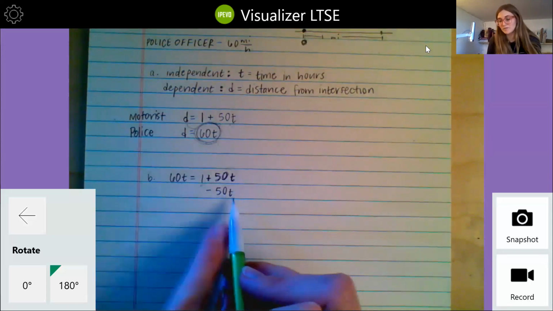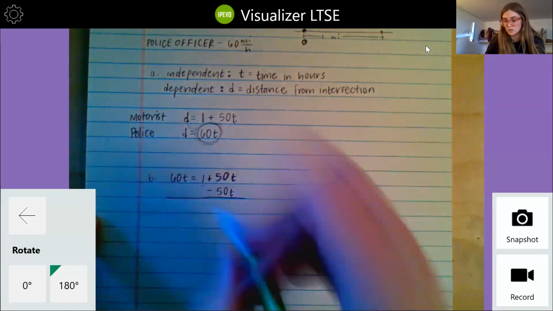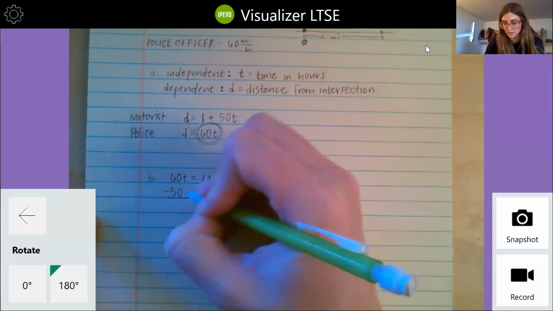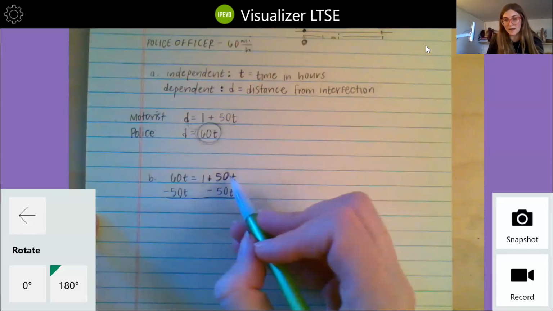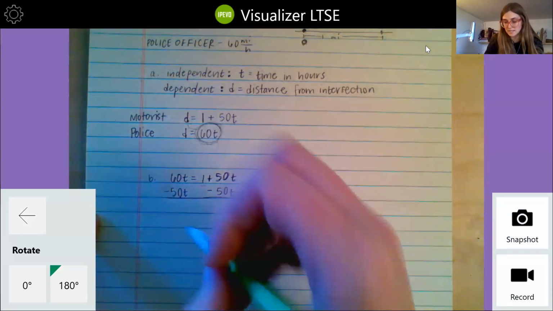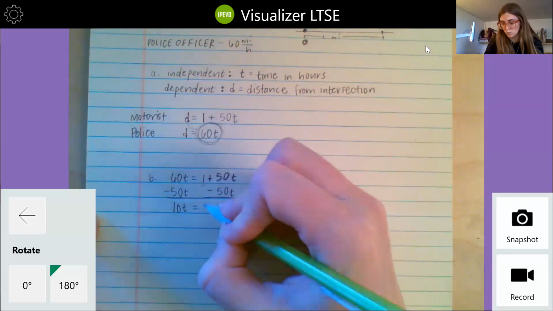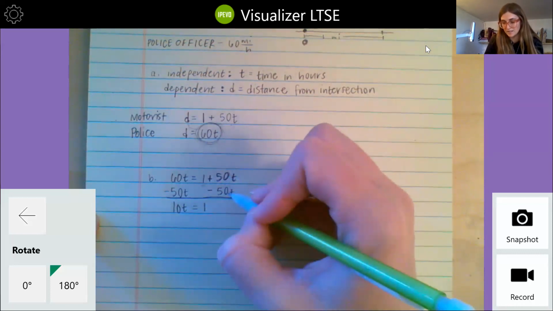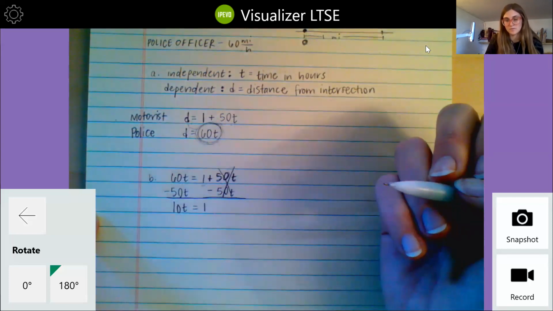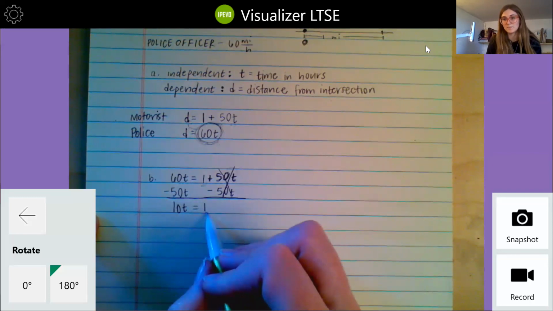If I subtract 50t from this side of the equation, I also need to subtract it from the other side. I combine these two lines together: 60t minus 50t gives me 10t, and that equals 1. And then the 50t minus 50t cancels out. Now I'm left with 10t equals 1.